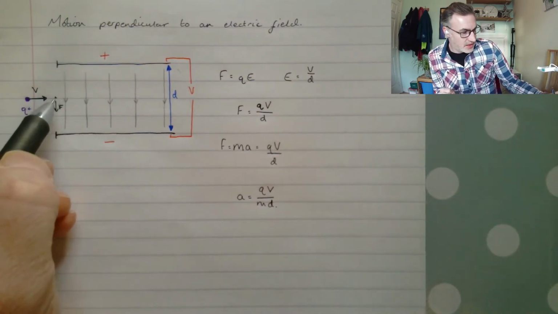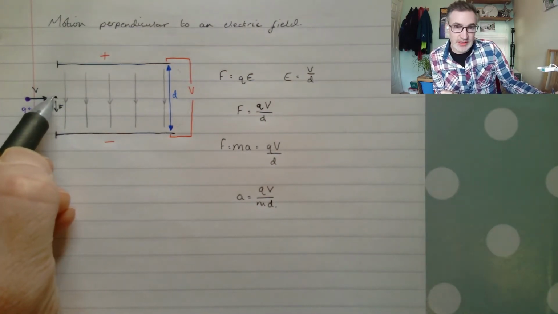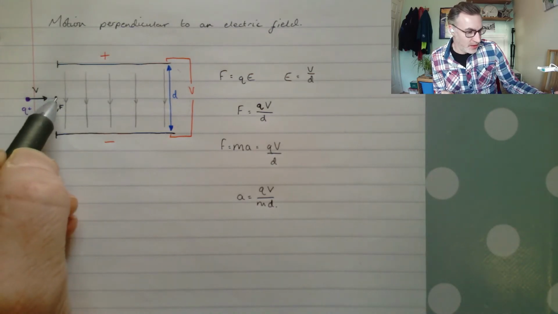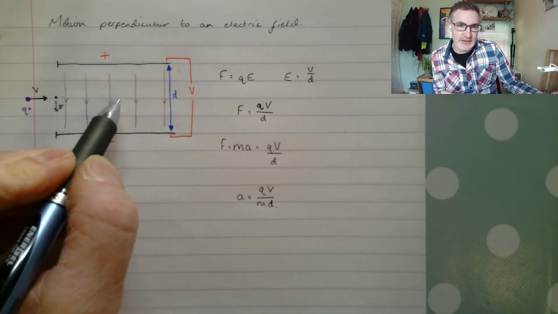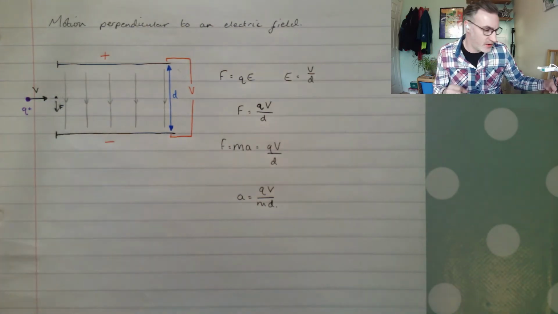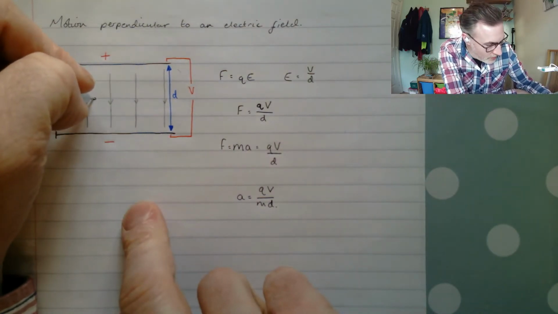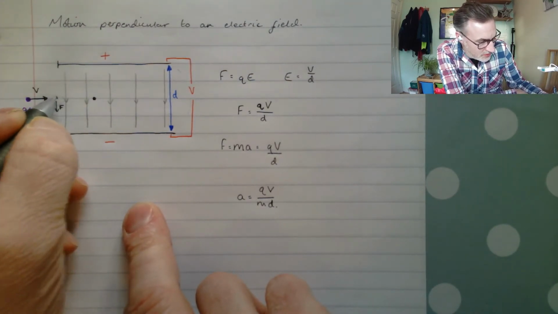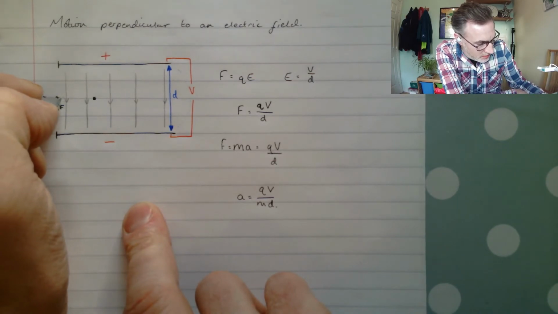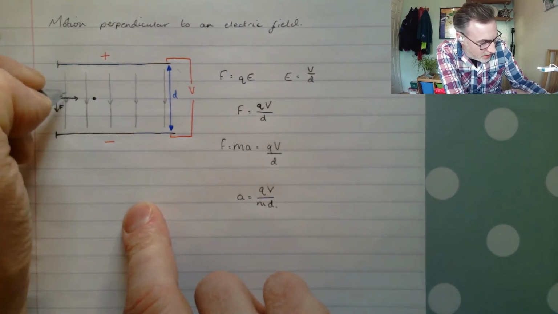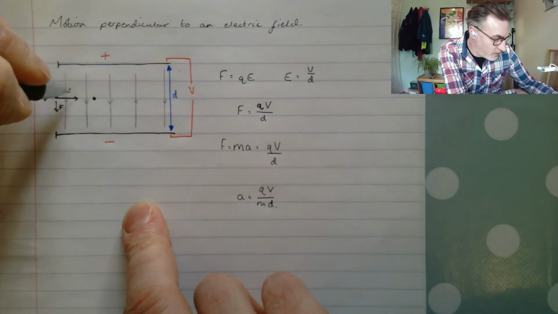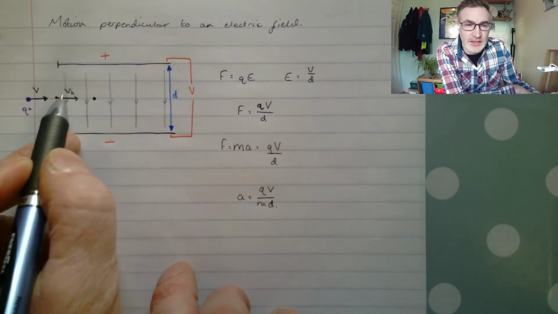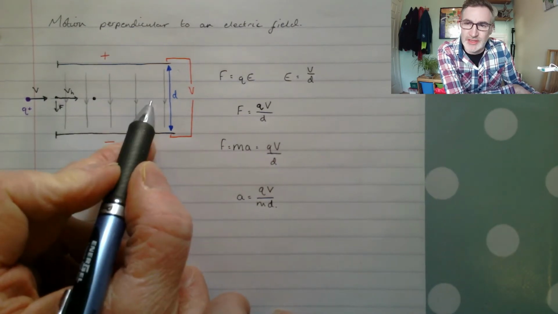So as it enters this region, it's going to start to experience a force downwards and accelerate downwards, but moving perpendicular to the field, there are no forces acting on it. It has its horizontal velocity, which I'm going to call VH.